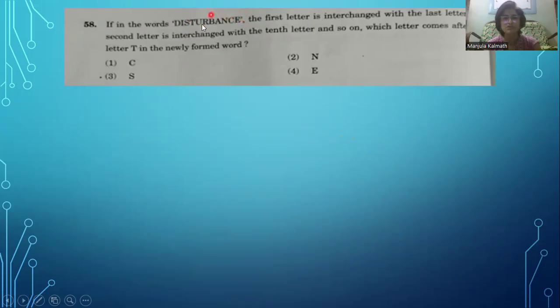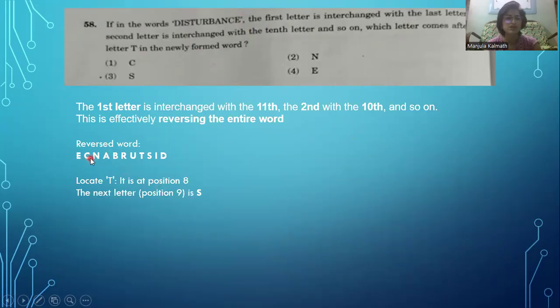The swapping between characters will take place here. After swapping, what letter comes after the letter T in the newly formed word? Very simple: we just have to write the entire word in reverse, and after T, the S will be coming here. That is in the 9th position it will be S, and in the 8th position it will be P.